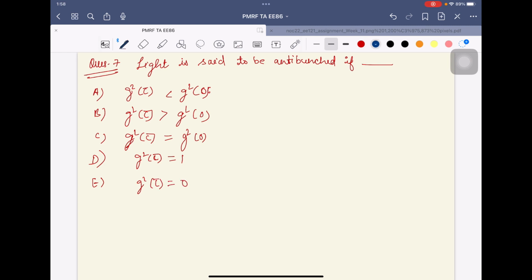So the correct answer is this one. Okay, for anti-bunching we studied that G2 0 is less than 1.